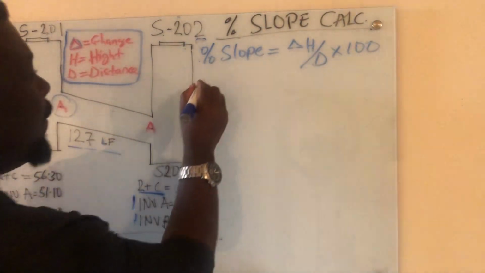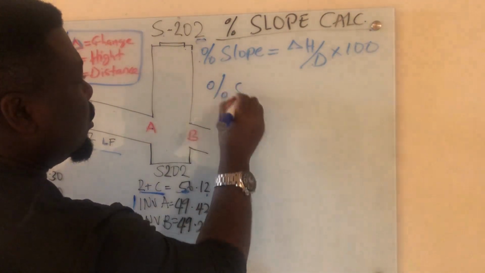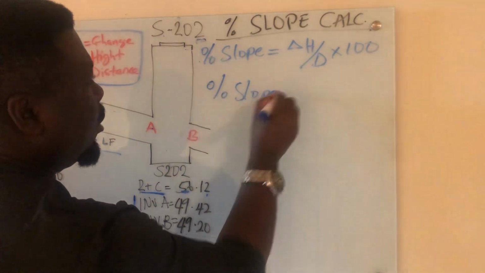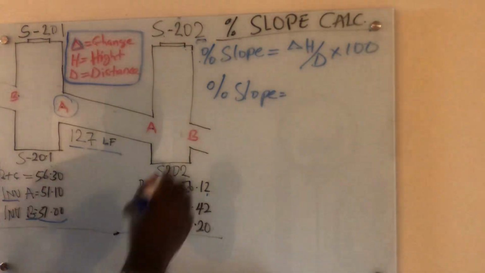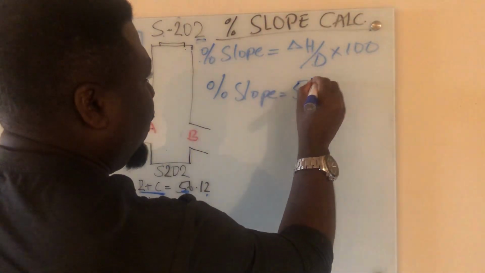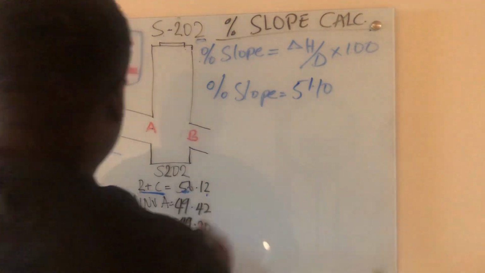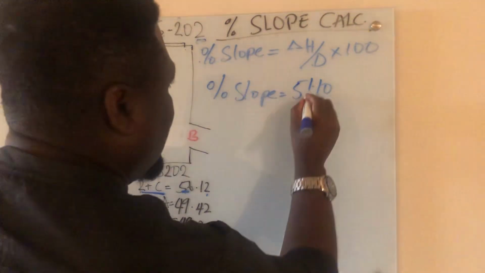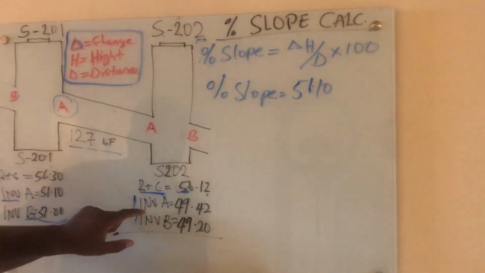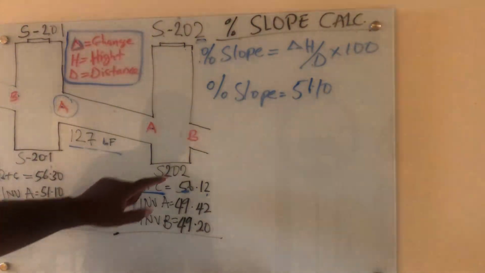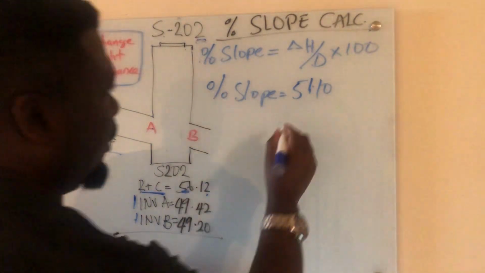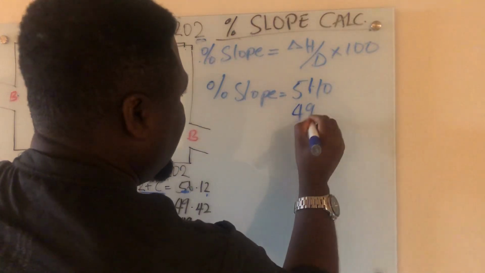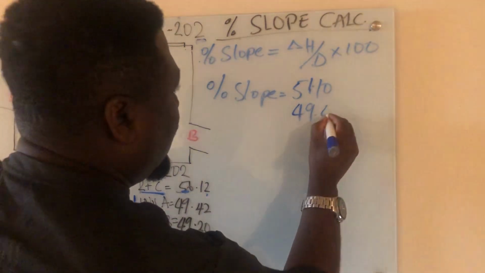So we are going to be using these numbers to determine the change in height for our slope, right? So simply, percentage slope will be equal to my invert A, which is 51.10, and then we're going to subtract from that the invert A for structural drawing 202, which is 49.42.